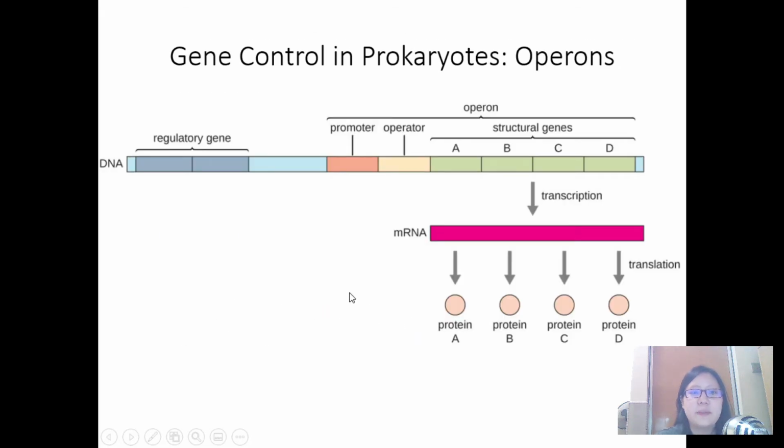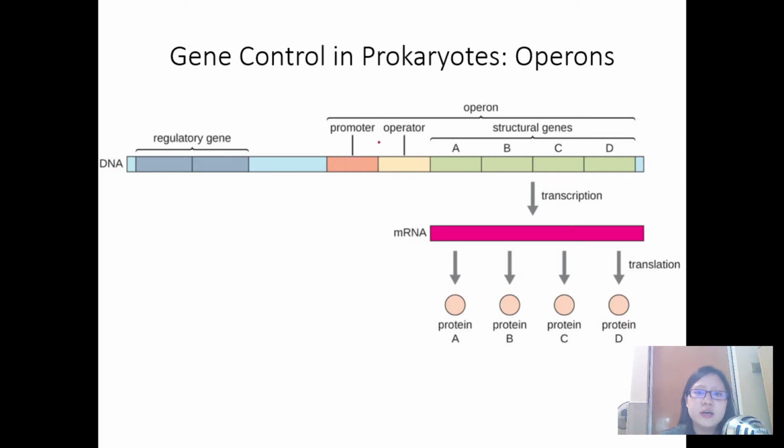Let's look at the picture here. You can see the regulatory gene here is close to the operon. This is the operon right here, and you can see that it has one or more structural genes. So it can have multiple genes side by side, which will form 4 different proteins later on. This mRNA can produce 4 proteins.